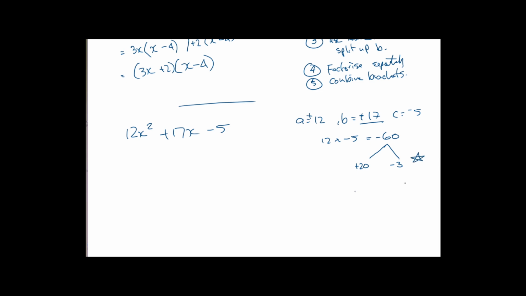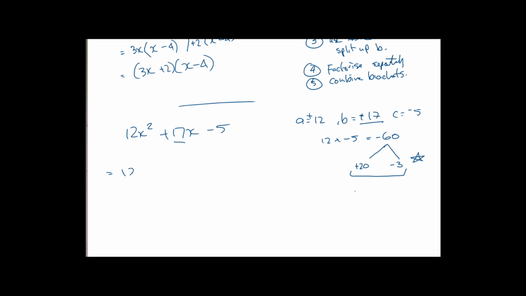This stage often takes quite a while because 60 has quite a lot of factors. So it's a matter of sometimes running through them, eliminating, and finding the combination that works. There should be only one combination that works. So far so good. What I'm going to do now is rewrite this using these numbers instead of that.